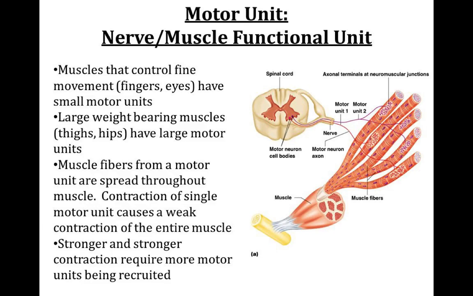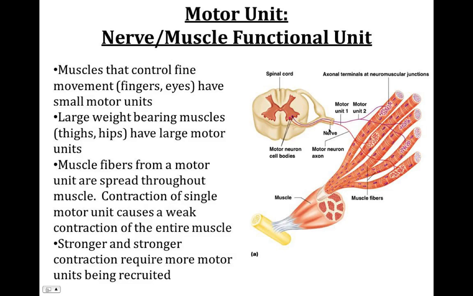Now, a motor unit. You need to remember what a motor unit is. A single motor neuron. A neuron is a nervous system cell. It's a cell, a single motor neuron, and all the muscle fibers it controls. This will make more sense when we start the nervous system.